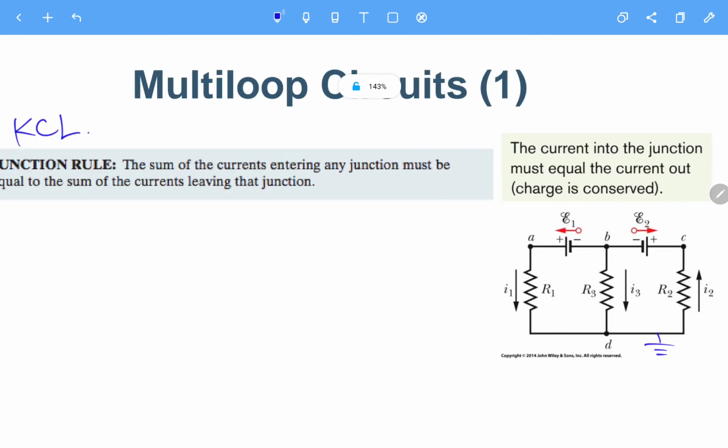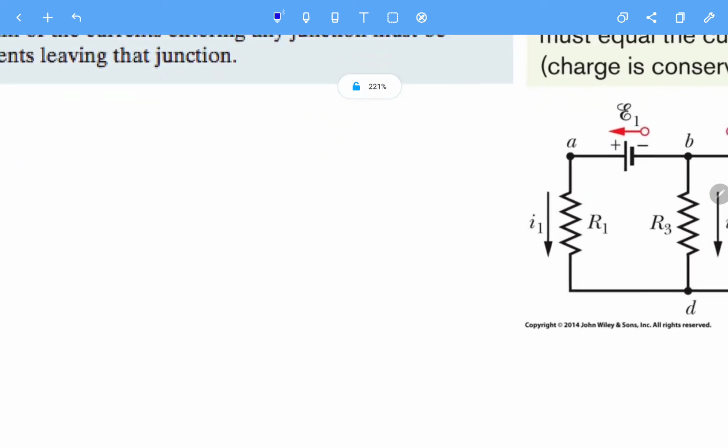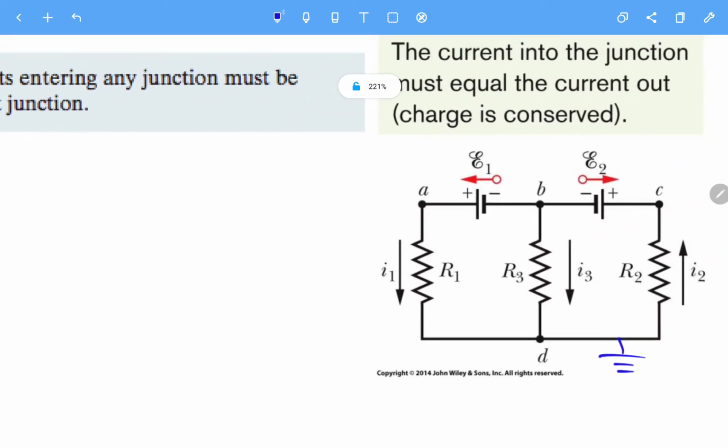Here we can see, other than this ground node D, we have 3 nodes, A, B, and C. But actually, this point A has only 2 wires, which means that this current is going like this, and then this current is going like this.